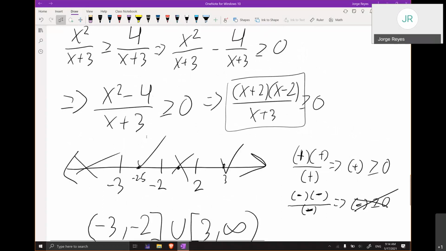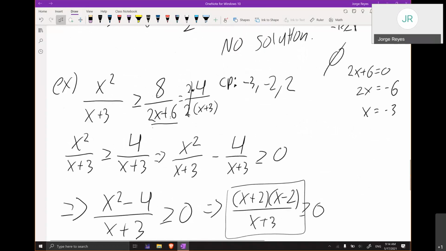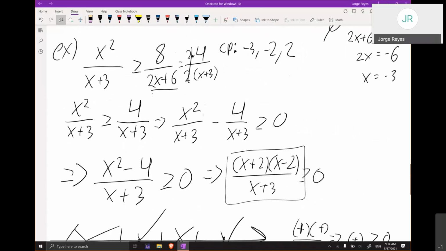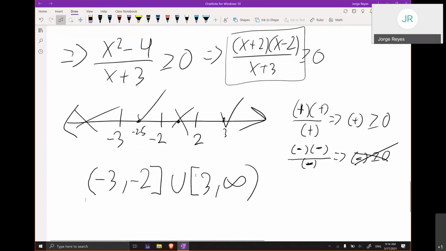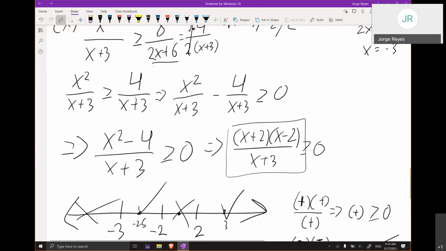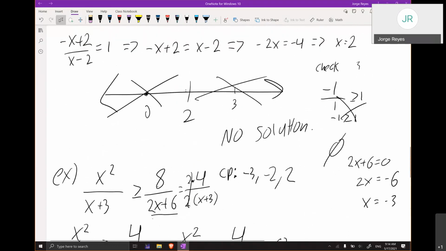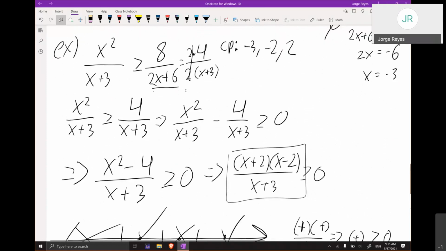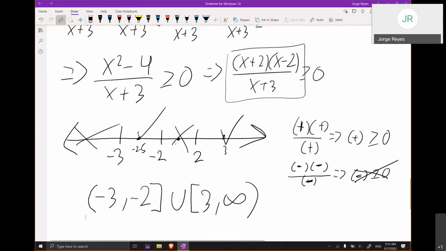Because -3 is not in the original inequality's domain. But the rest get brackets, right? Okay. So hopefully you get this, all right? The sign chart, very important, very required, okay? No matter what you do, you kind of need the sign chart.